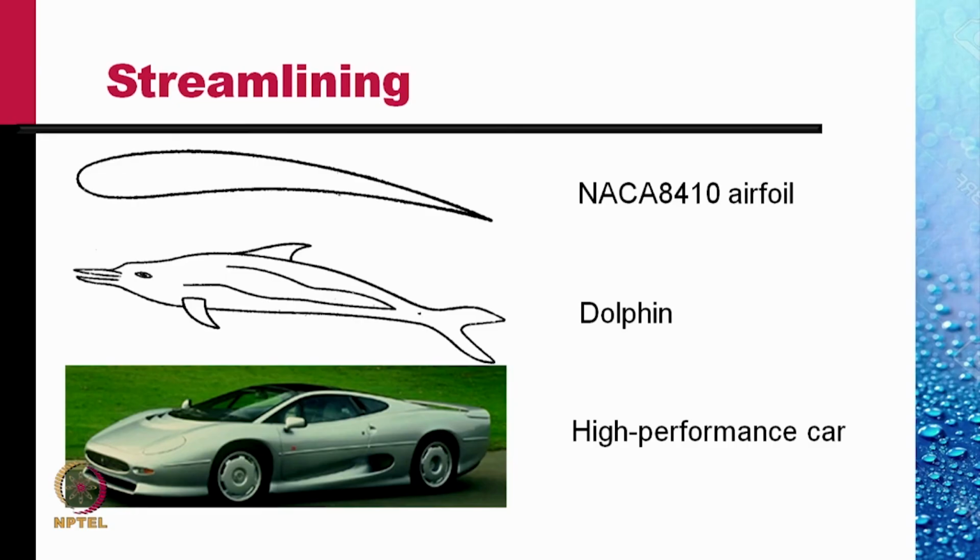It is because dolphins like to swim through water, and having lower drag would give them an advantage. In fact, if you look at high performance cars, they have streamlined shapes which do not have protrusions which add to drag. There are no sharp corners. They appear to be smoothly flowing.